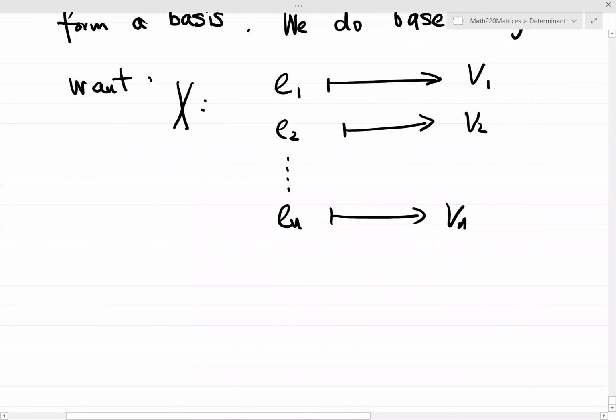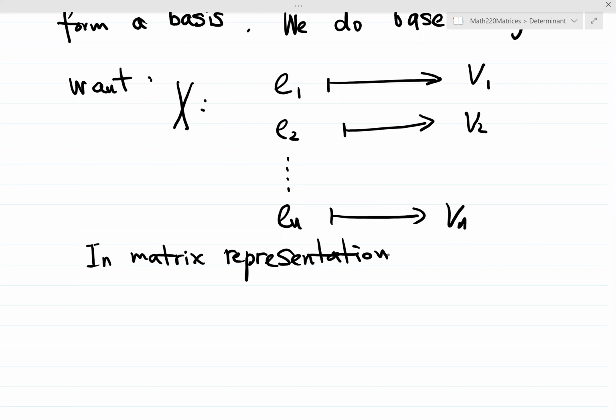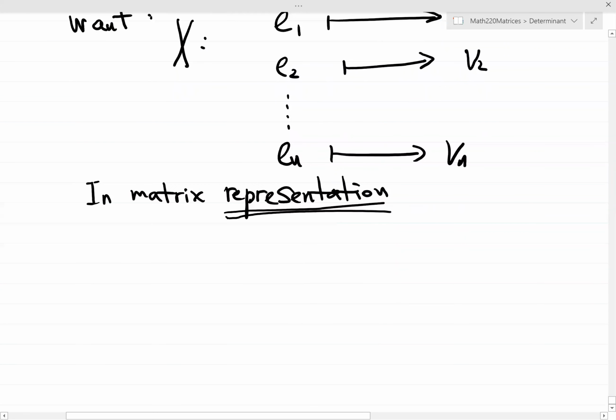So in matrix representation, we use the matrix to write down what this map does on vectors. Representation means we write the action as a matrix.